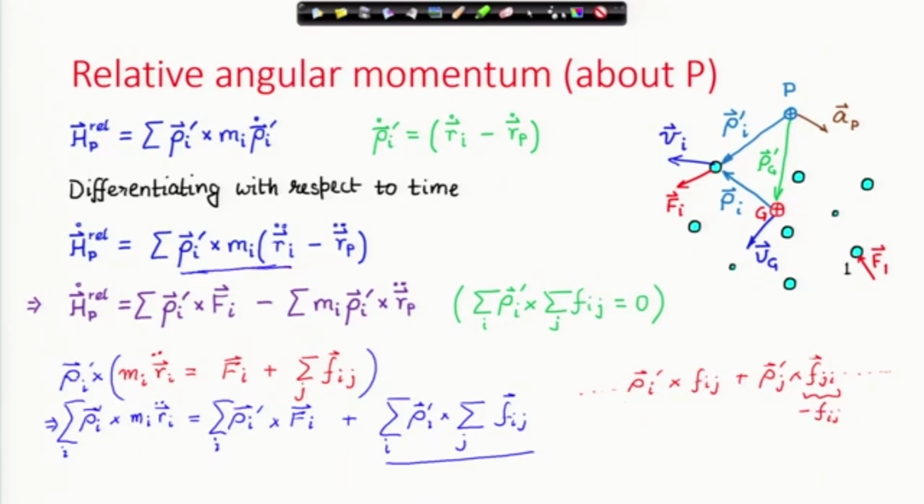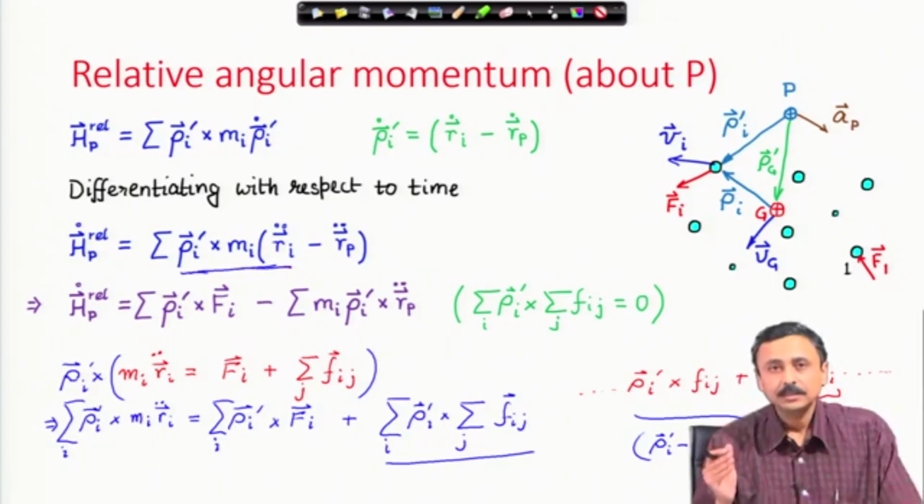Therefore, this term simplifies to rho_i prime minus rho_j prime cross F_ij. Now, rho_i prime minus rho_j prime is nothing but the vector from the jth particle to the ith particle.